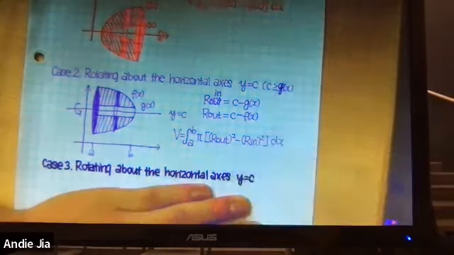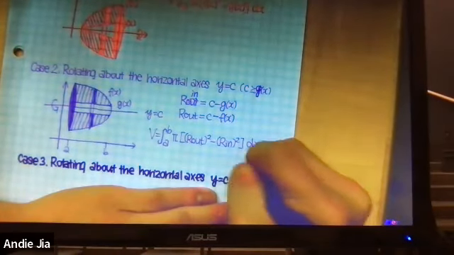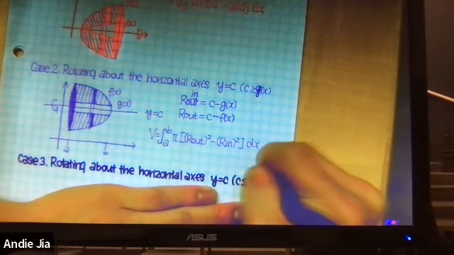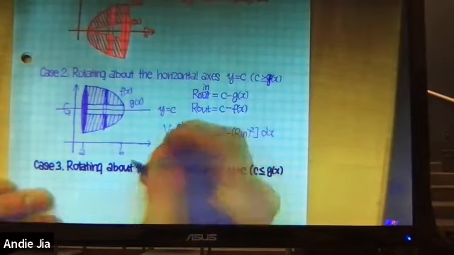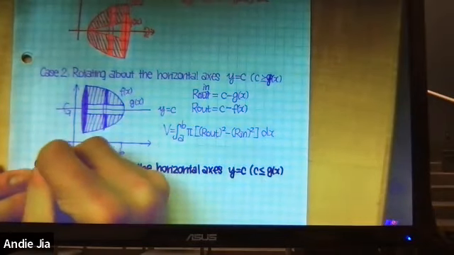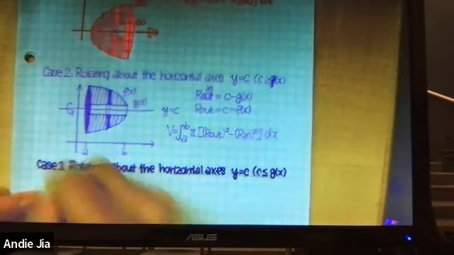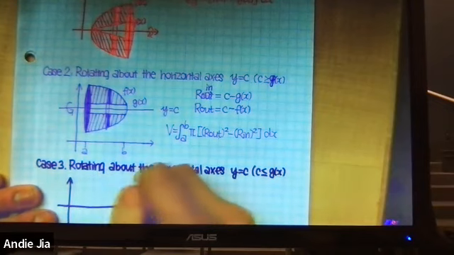But this time it's under. C is smaller than g of x. Sorry, I was not on the graph here.